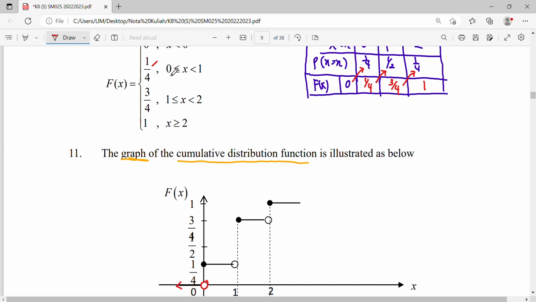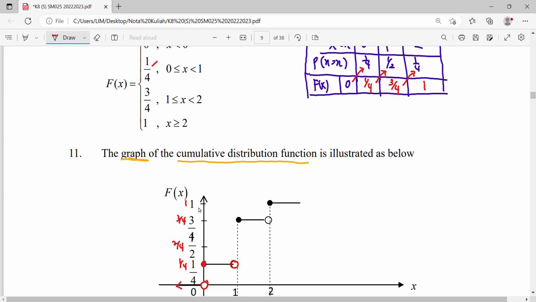Interval included 0, not included 1, the probability we can reach until tinggi sebanyak 1/4. So sini 1/4, sini 2/4, sini 3/4, sini 1. Scale dia 1/1 ya. 1/4 here, this is 2/4, this is 3/4, this is 1.